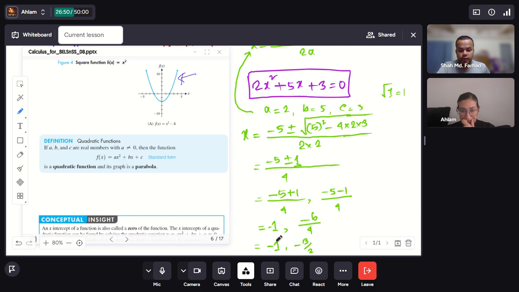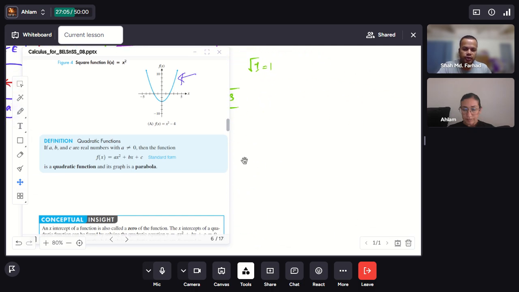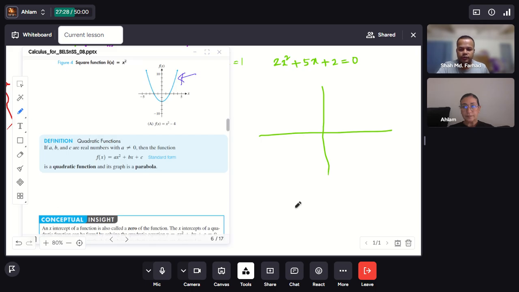And now, what do these two values indicate? These two values basically indicate that if we draw the graph of this equation, that is 2x squared plus 5x plus 2 equals 0, then here we have negative 3 by 2, that is 1.5, and then 1.